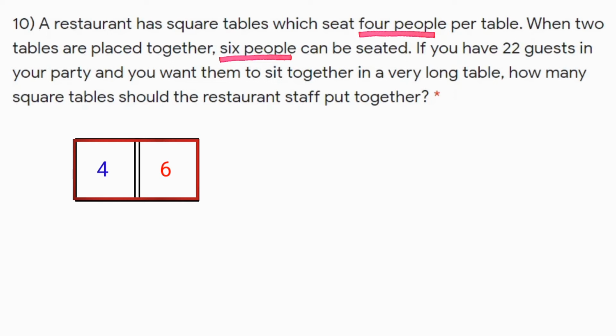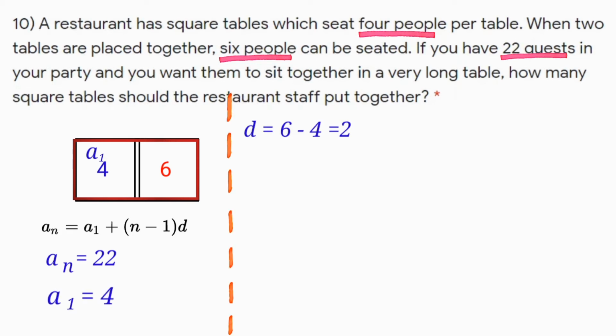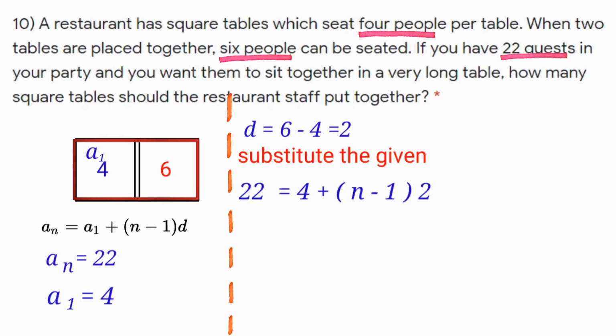In this problem, we will use the formula a sub n is equal to a sub 1 plus the quantity of n minus 1 times d. The nth term is 22, the first term is 4, and the common difference is 2. Now substitute the given. 22 is equal to 4 plus the quantity n minus 1 times 2.